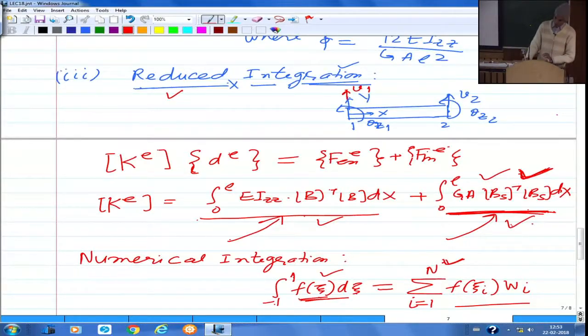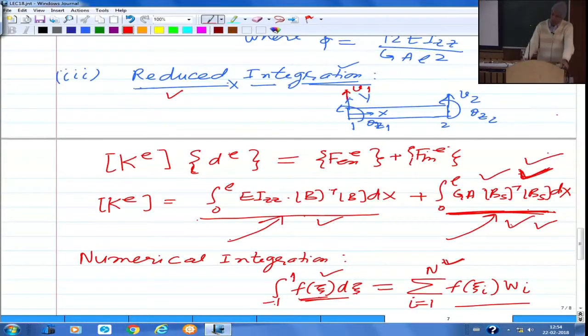So when you are using reduced integration, you should use it only for thin problems and not for thick. If you anticipate that the problem is a thick beam problem, then you have to use the full integration. If you anticipate that the problem is a thin problem with locking happening, then you use the reduced integration, the integration one order lower than what is needed to get the exact integral. This is known as reduced integration.